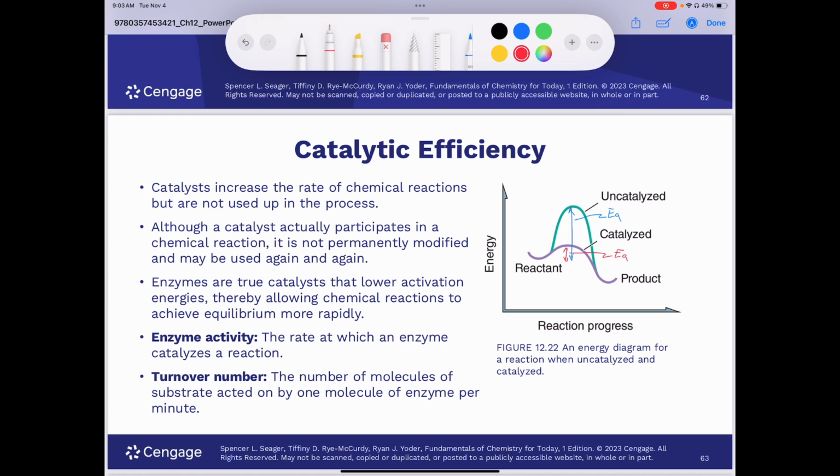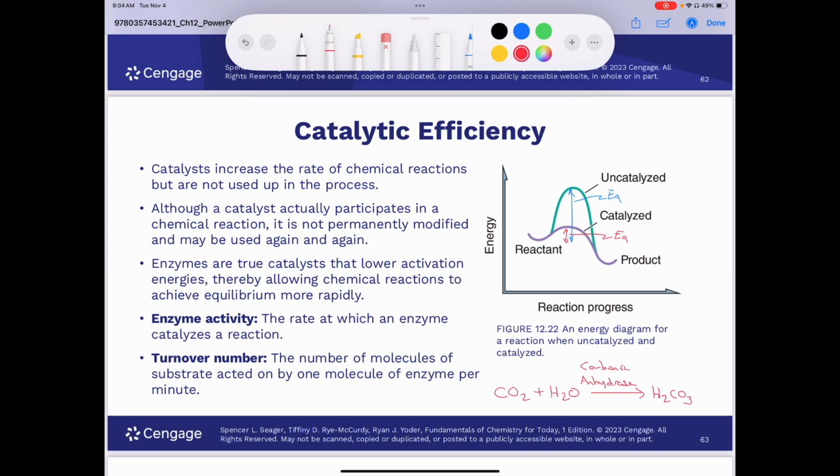And an example of the influence of enzymes on the rate of reactions essential to life is the process that moves carbon dioxide, which is a waste product of cellular respiration, out of the body. Before this can be accomplished, the carbon dioxide must be combined with water to form carbonic acid.